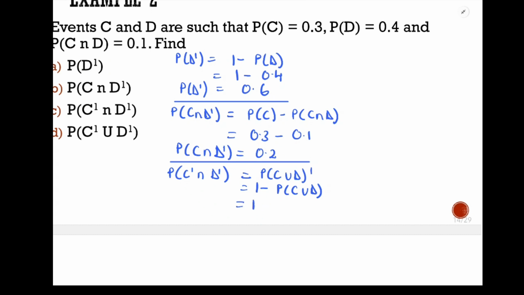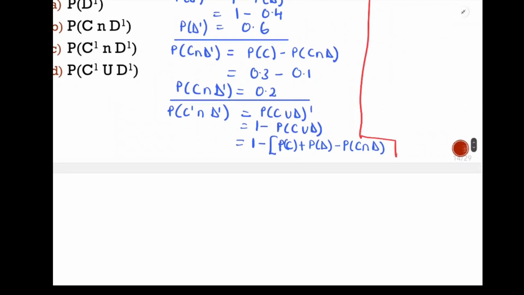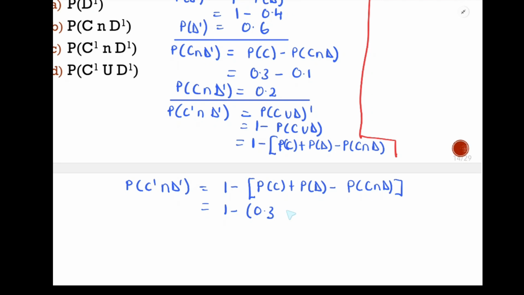We know that the probability of C union D is the same as the probability of C plus the probability of D minus the probability of C intersection D. So if I make substitutions, the probability of C complement intersection D complement is equal to 1 minus, in brackets, the probability of C plus the probability of D minus the probability of C intersection D. Substituting what I was given in the question, I'll have 1 minus, in brackets, 0.3 plus 0.4 minus 0.1.